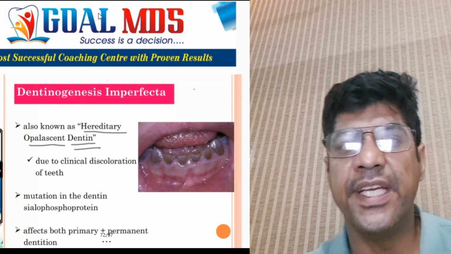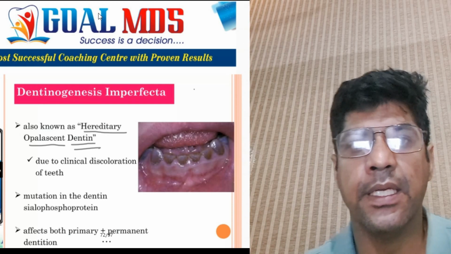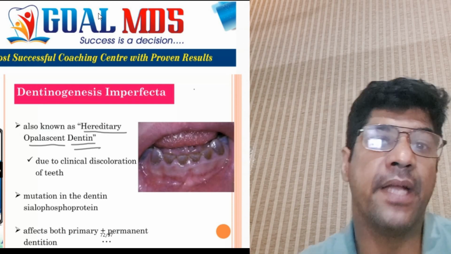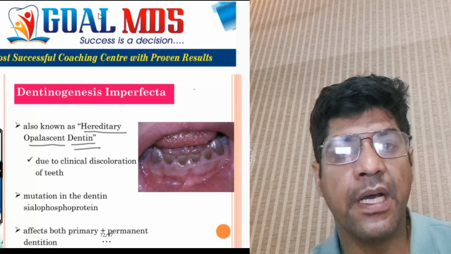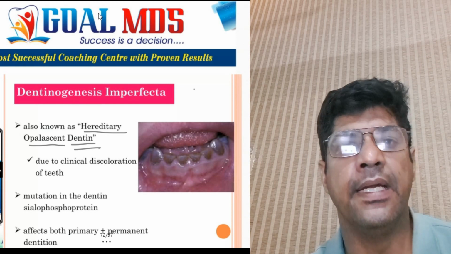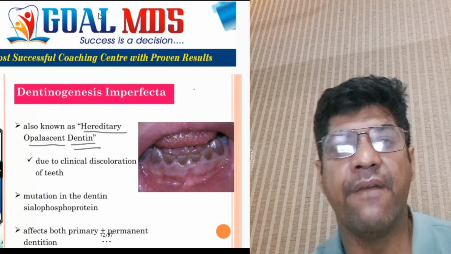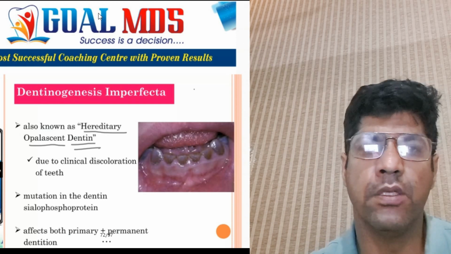What you will see here is abnormal formation of the dentine, the hard tissue that makes up the bulk of the tooth. You would see a patient with teeth that are discolored, weak and prone to damage or breakage.